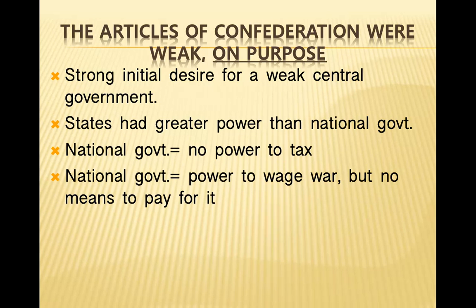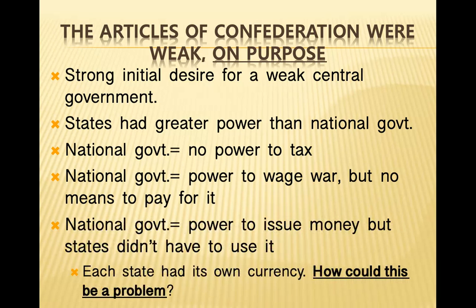Even though the national government had the power to wage war, it had no means to pay for it because it had no power to tax its own citizens. The national government had the power to issue money, but the states didn't have to use it, and each state could issue its own currency.